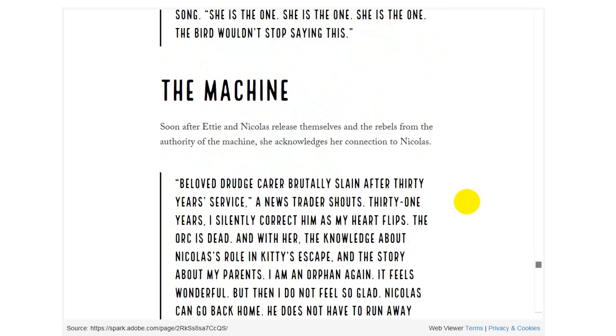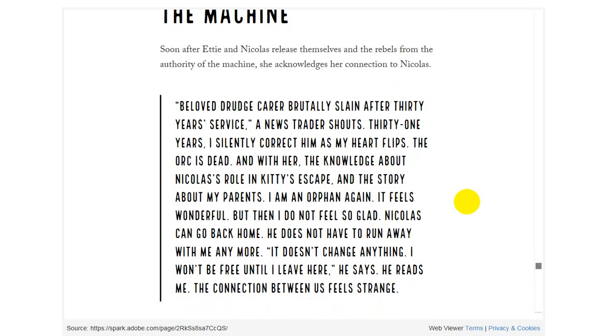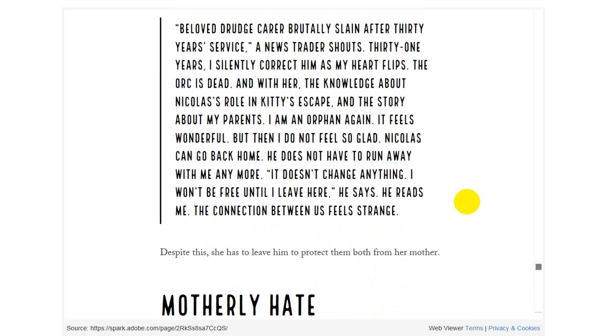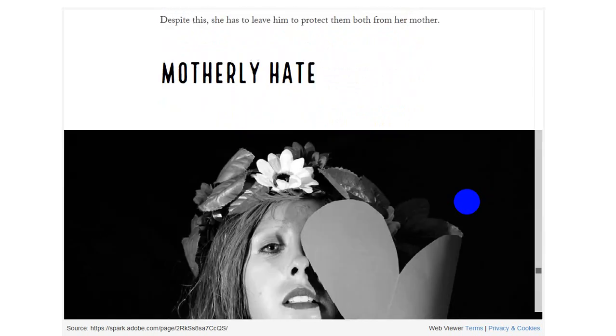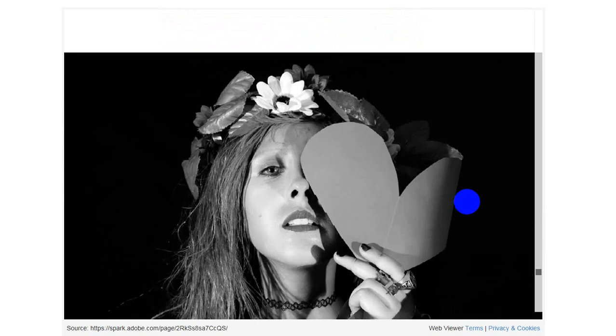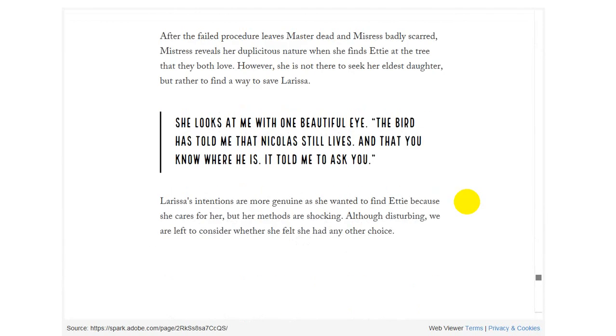And then the novel continues. It shows Etty and Nicholas releasing themselves and the rebels from the authority of the machine by deleting their numbers. And this is where you expect Etty and Nicholas to get together, maybe join the rebellion, but she doesn't. And the reason she doesn't is because she meets up with her mother at the end, and her mother reveals her true nature.